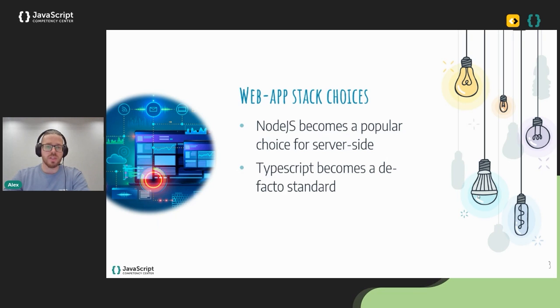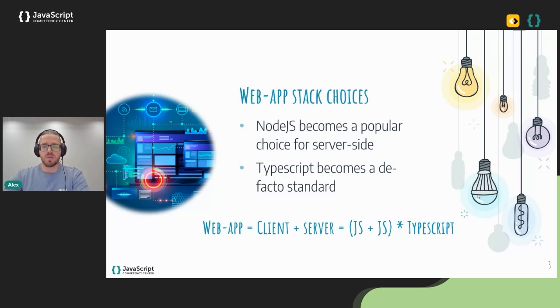But that leaves us with the following. Lots of web applications consist of client part and server part, which are written in JavaScript, and it's all wrapped up in TypeScript. And here is a small problem, which might be a bit annoying for some people. When you've got data sent from client to the server, it's basically the same data that server receives.